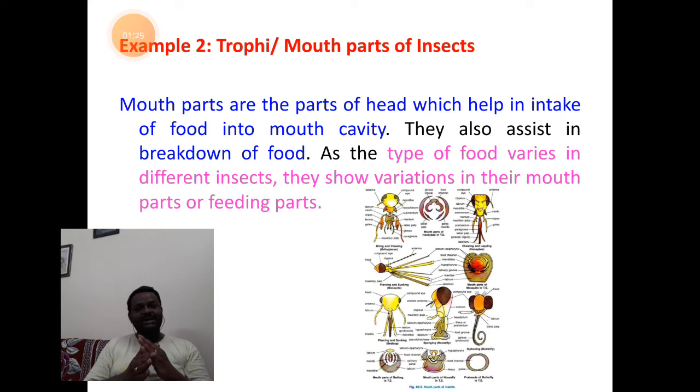So structurally, the organs will remain similar. Functionally, they vary. Such organs are called as homologous organs.